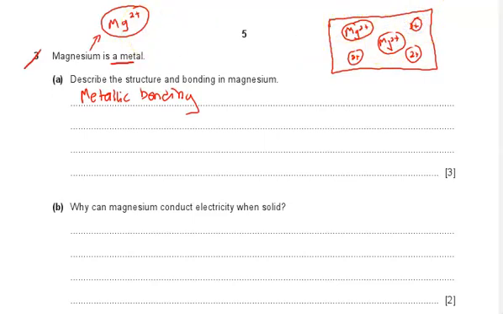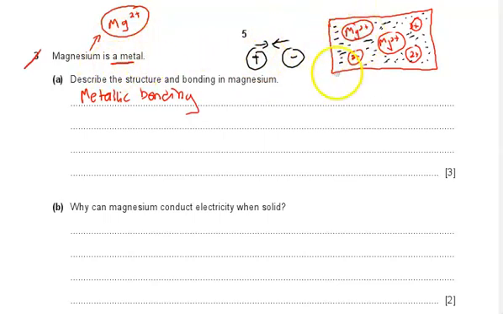And they are surrounded by electrons everywhere around the positive ions. They will have a very strong attraction between the positive ions and the negative electrons. That's what makes the metal have a very high boiling point.